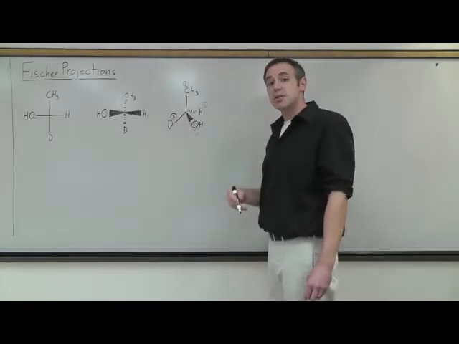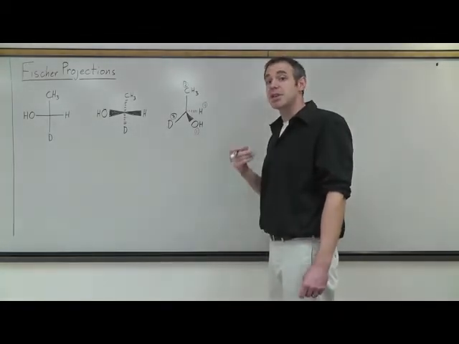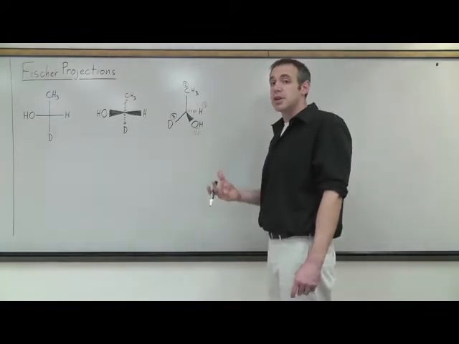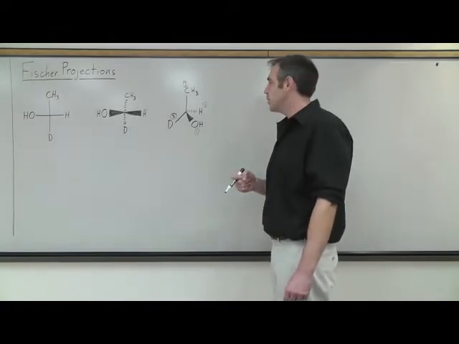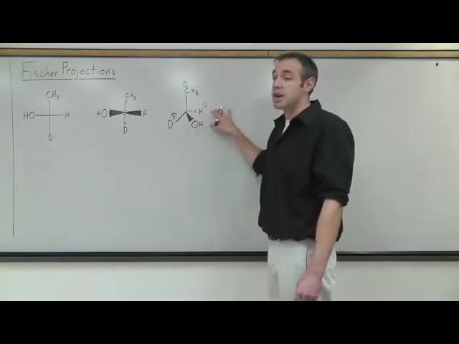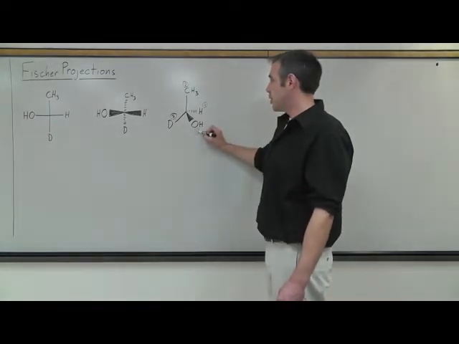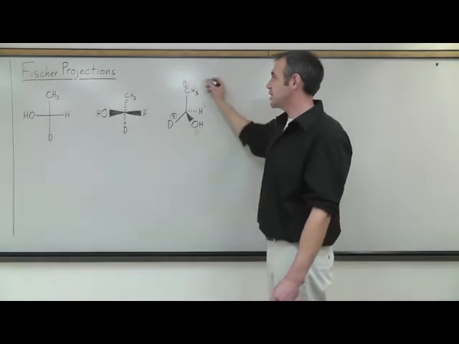Deuterium, again, is the heavy isotope of hydrogen, so although it has the same atomic number as hydrogen, because it's got another neutron in its nucleus, we defer to the atomic weight of the element, and we see that deuterium beats out hydrogen.